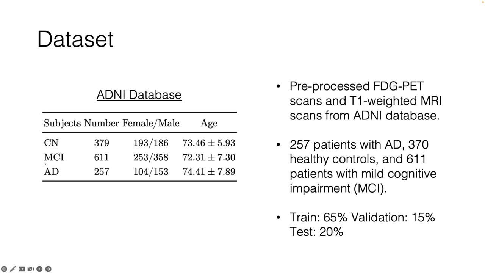And then we have an added third class of mild cognitive impairment, with 611. The data set itself is split 65% training, 15% validation, and 20% testing. And here we have the breakdowns of gender and age as well.